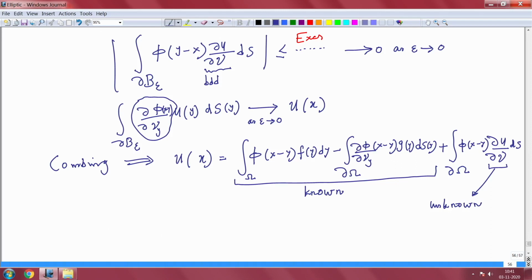You can never impose that condition, because it is a Dirichlet boundary value problem with u already prescribed, and you cannot prescribe any more conditions on du by d nu. So, this is really an undesirable term. The issue here is to get rid of the last term.